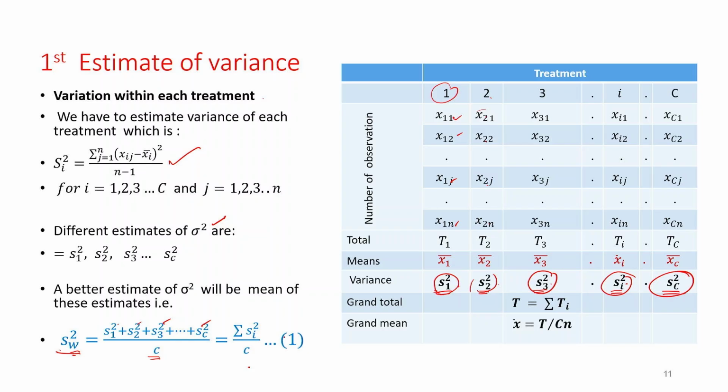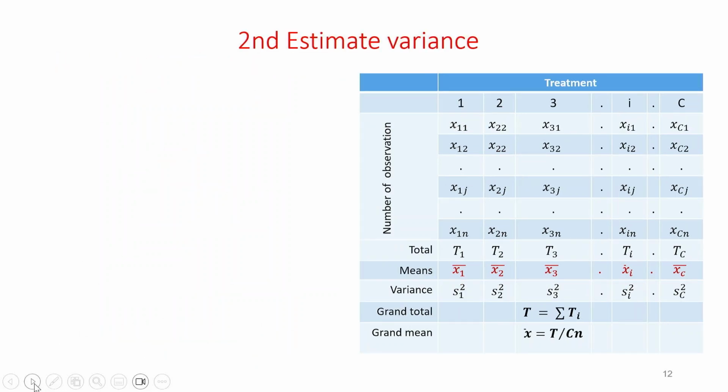These are the simple steps to find the variance, which is an estimate of the population variance or the variance of the error term.